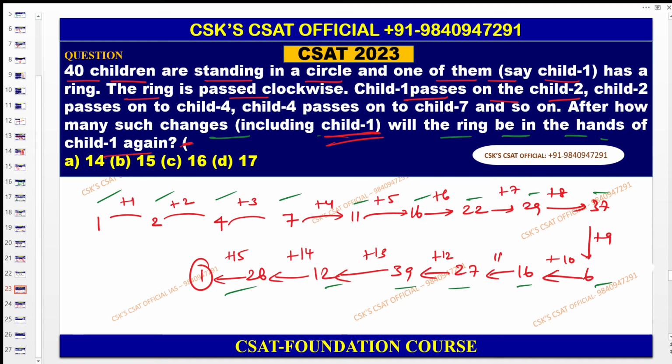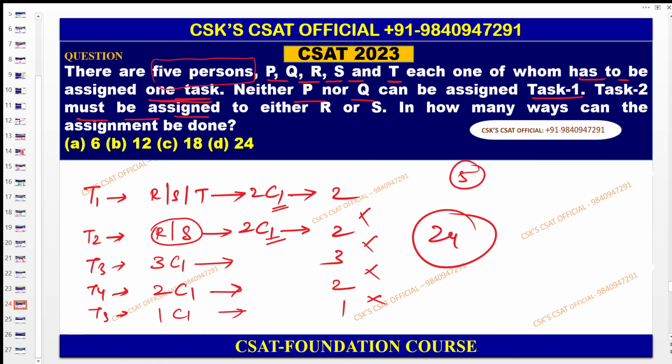So the answer for the question here is 15. Got it? Don't mark it as 16. How many passes has it made? Okay, 15 passes only made to come back here. Very important one, please note it. So this question we have done already.